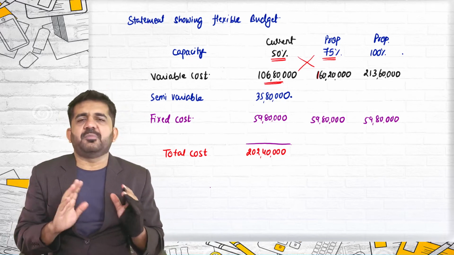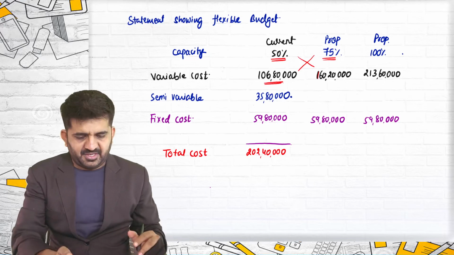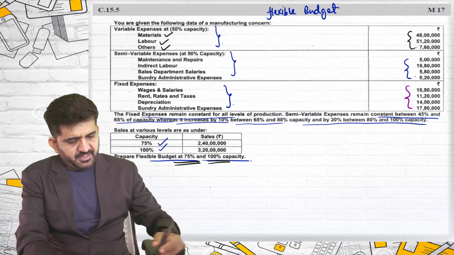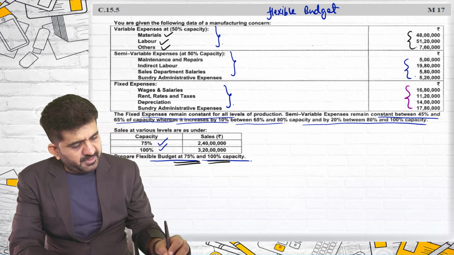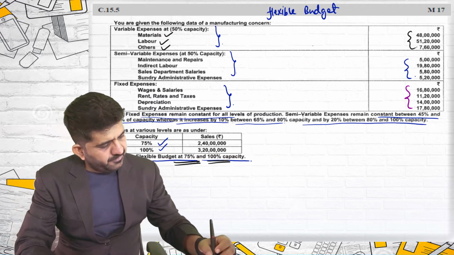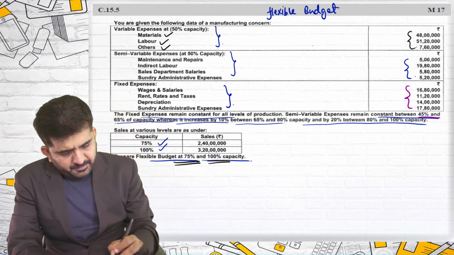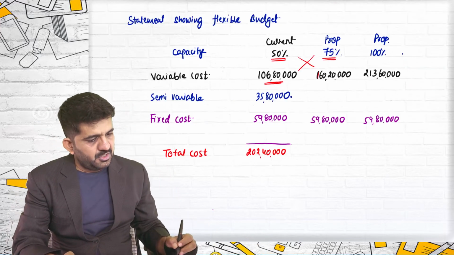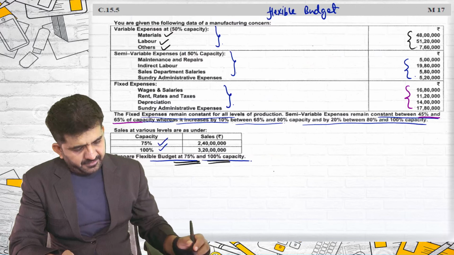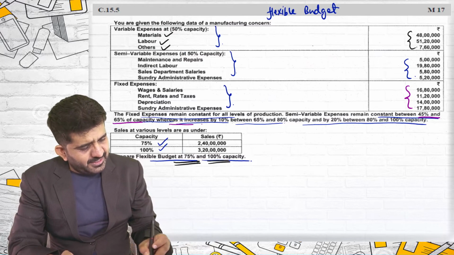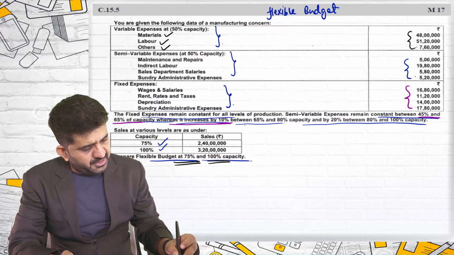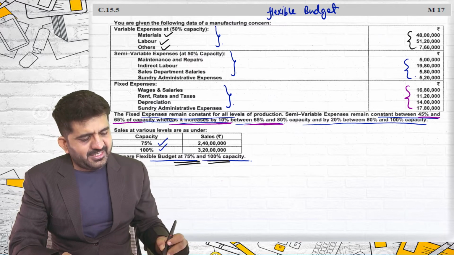Semi-variable. The information should be given about semi-variable. Let us see what information is given. The fixed expenses remain constant for all levels of production. Semi-variable expenses remain constant between 45% and 65%. We want 75 and 100. Whereas it increases by 10% between 65 and 80%.